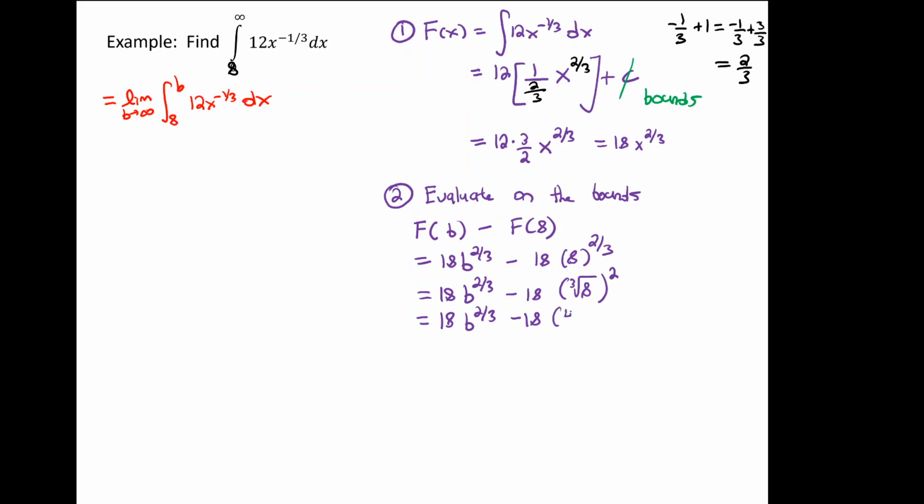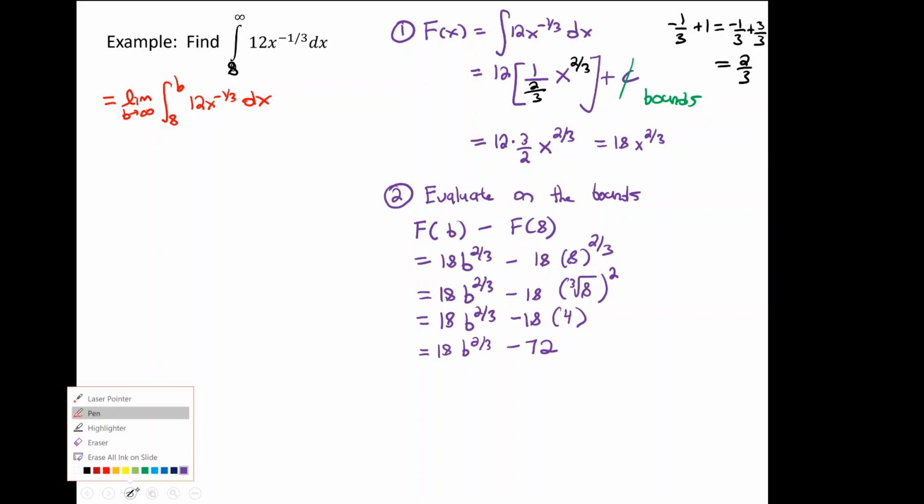So 18 times 4, which is 72, I think. 40 plus 32, 72. So 18 b to the 2/3 minus 72.